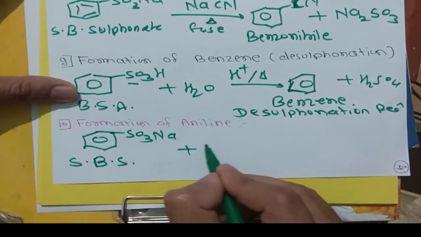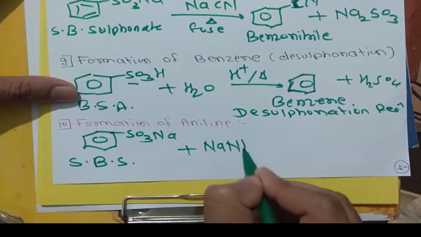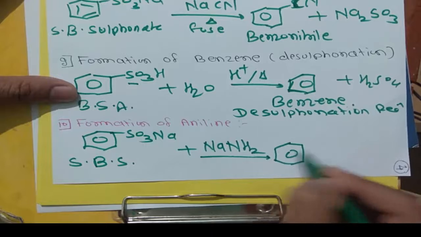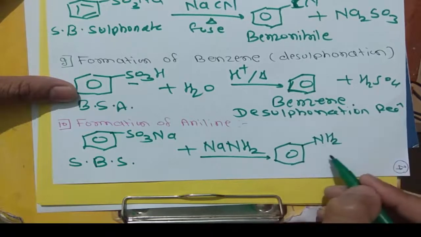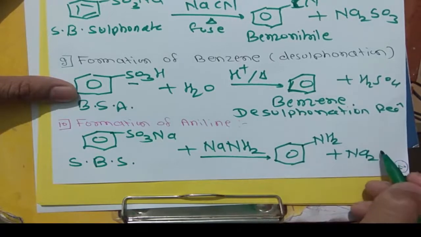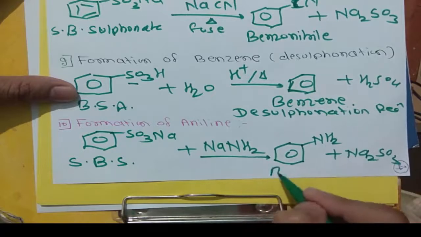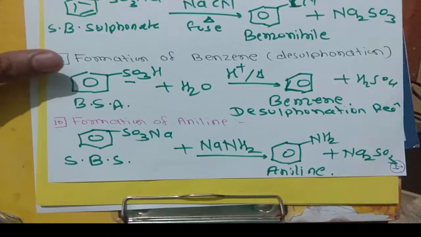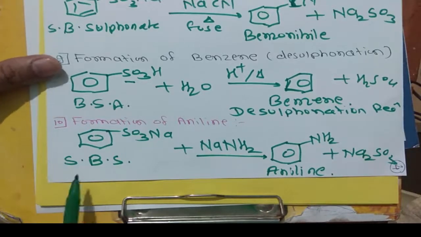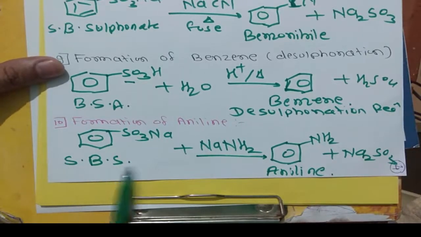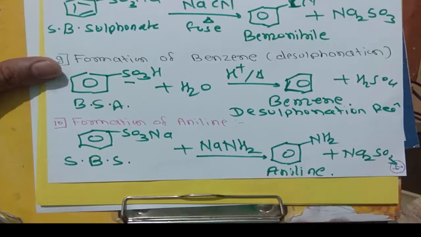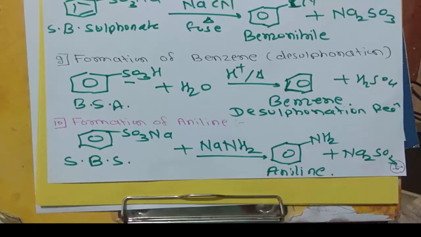It is reacted with NaNH2, the sodamide, and there is a formation of aniline, NH2, plus Na2SO3. Aniline is formed here. All these are the chemical properties of benzene sulfonic acid.